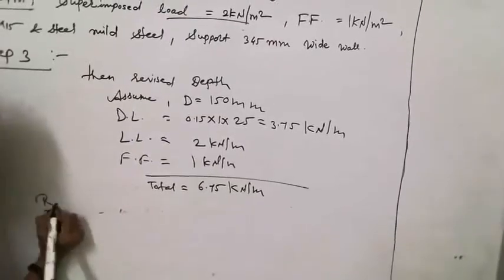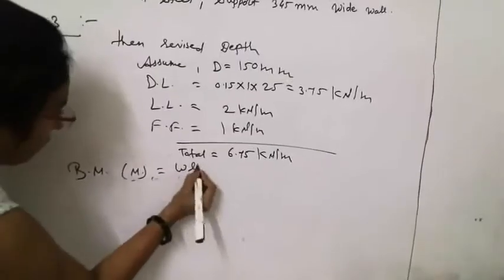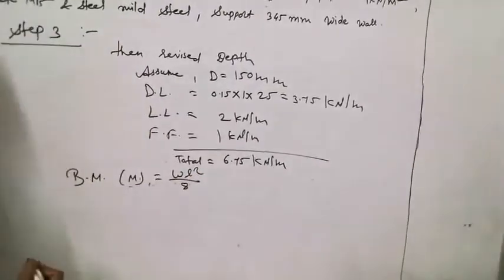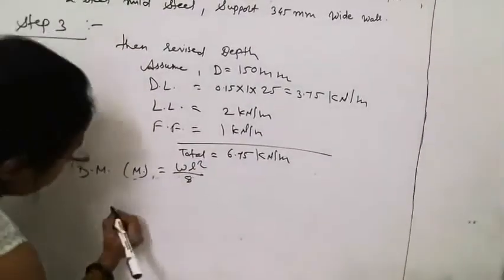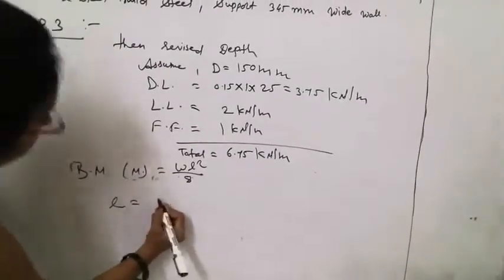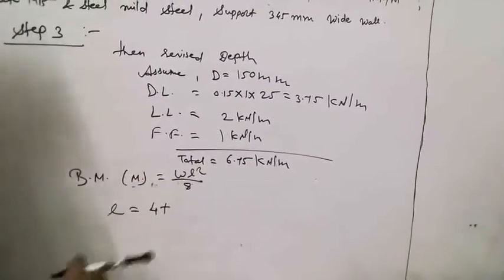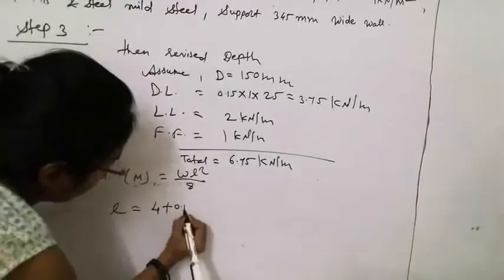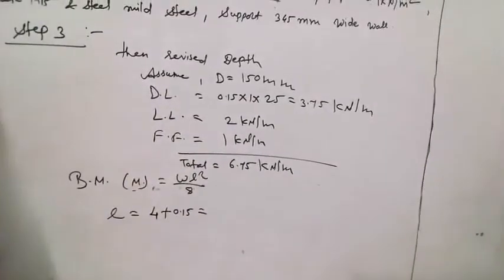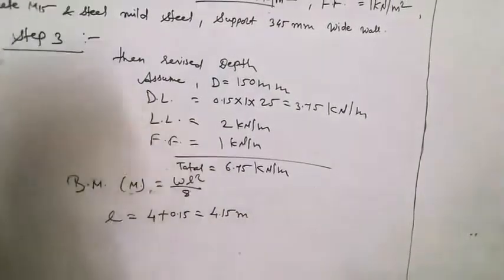Therefore, bending moment M is equal to wL square by 8. Now again find the L. L is equal to clear span plus our assumed depth 0.15, which is 4.15 meter.